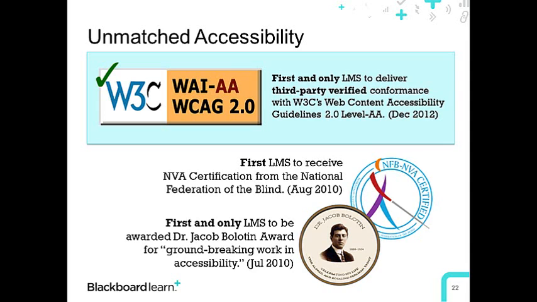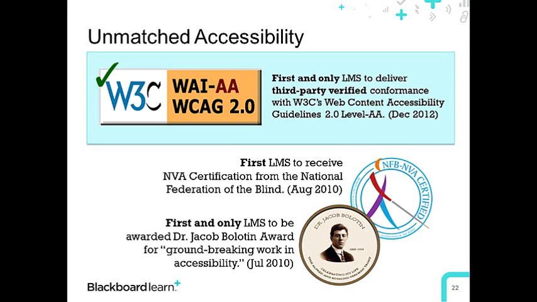So we have reached conformance to the guidelines for 2.0 level AA. And really what that means is our learning management system or our content meets the criteria that has been established internationally based on 4 principles that are perceivable, operable, understandable, and robust.